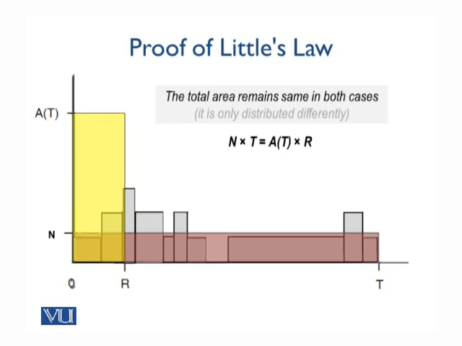A of t is simply the rate multiplied by total time, and because of that we have the equation n into t is equal to lambda t r. Now using simple manipulation, we calculate n is equal to lambda r, which is our Little's law, and in a relation between expected values we can express this as the expected value of n is equal to lambda multiplied by expected value of r.